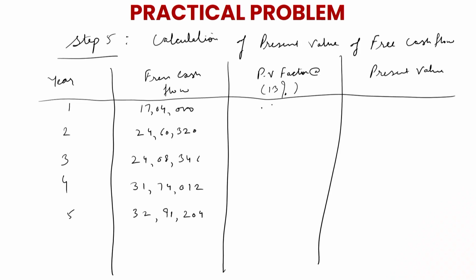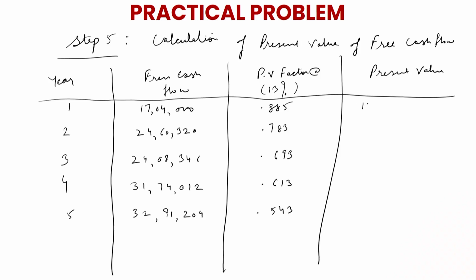You can consult the PV factor table given in different financial accounting books. You can find the value of 0.885 for the first year, 0.783 for the second year, 0.693 for the third year, 0.613 for the fourth year, and 0.543 for the fifth year. Now we multiply the free cash flow with the PV factor.